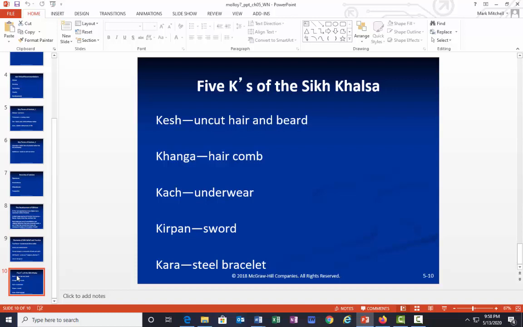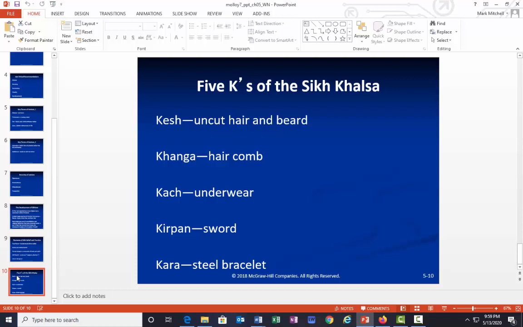There are 5 things that they do. The kesh, the uncut hair and beard. They don't cut their hair to honor the perfection of the person as the handiwork of God. They usually keep their hair covered under a covering.